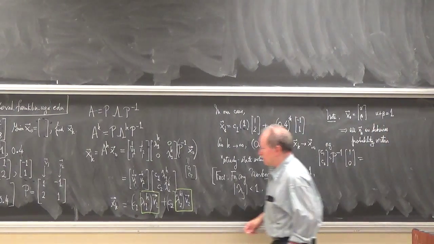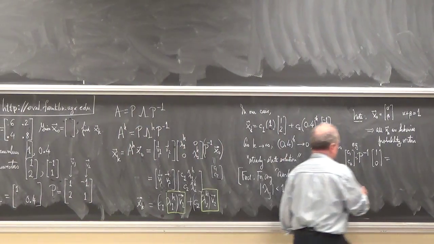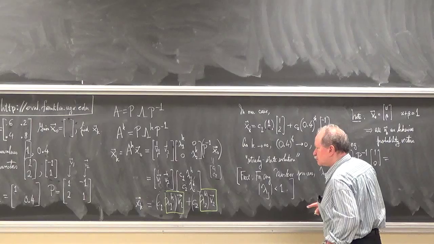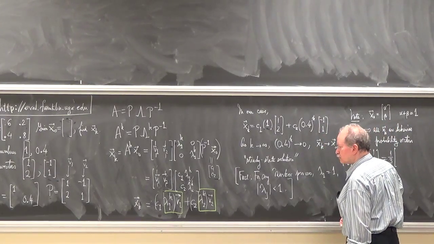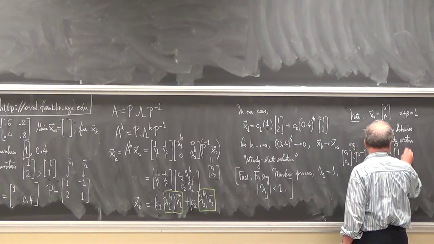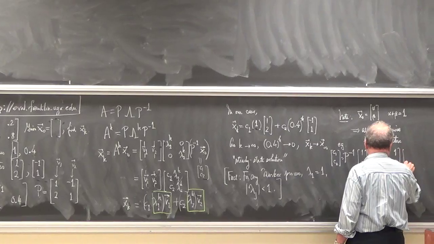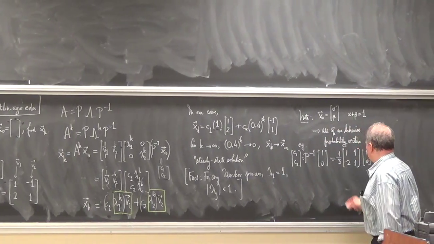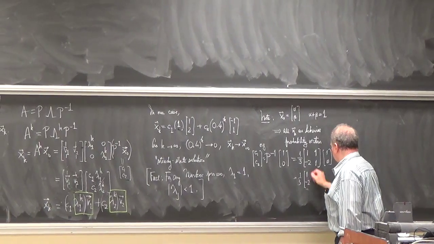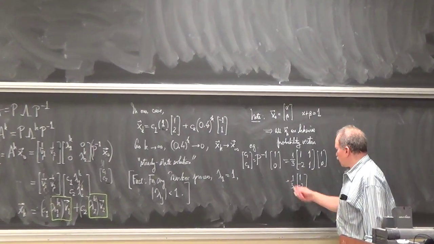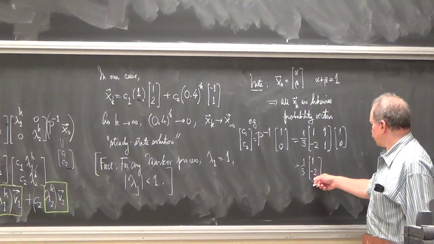Where's P inverse? Well, I haven't figured out P inverse. What is P inverse going to be? It's 1/3, switch those two and negate those two. So notice C1 and C2 look like this in that starting case.